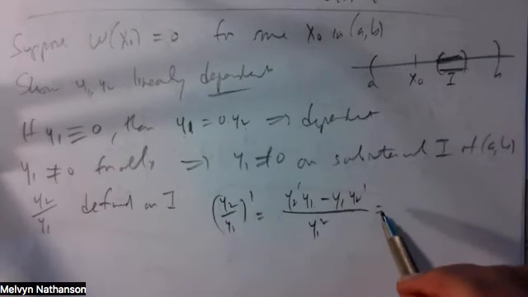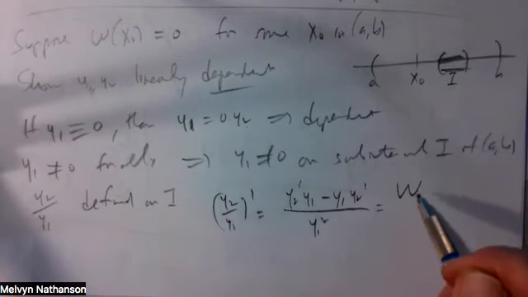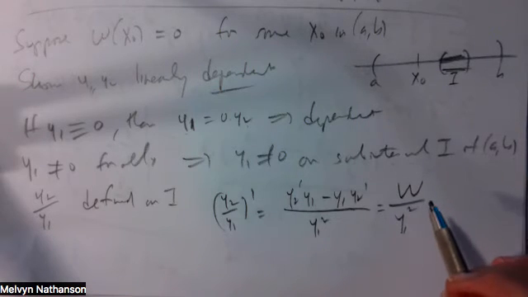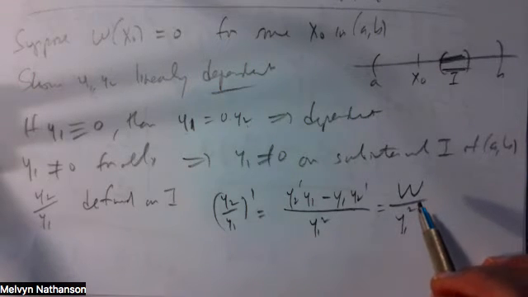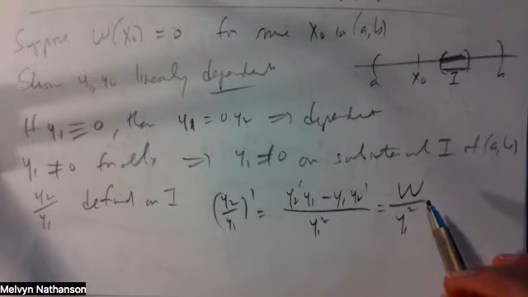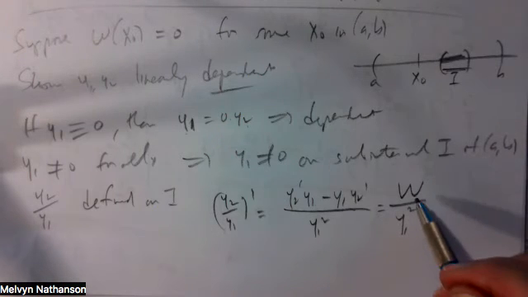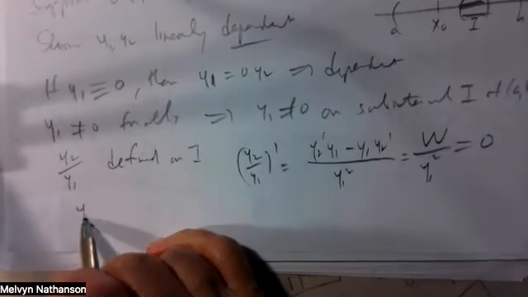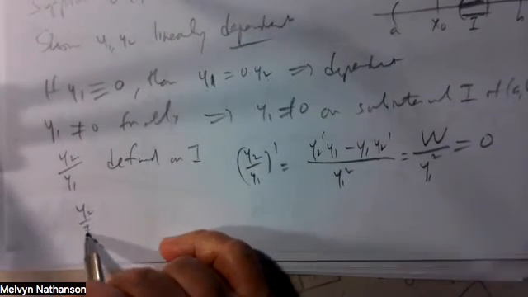And if you look at this, this numerator is exactly the Wronskian over y1 squared. And the Wronskian is 0 everywhere. If it's 0 at one point, it's 0 everywhere. So this is 0, which means y2 over y1 is a constant.